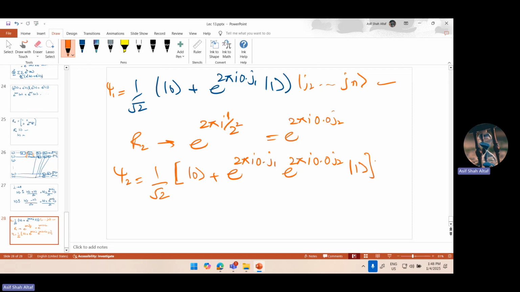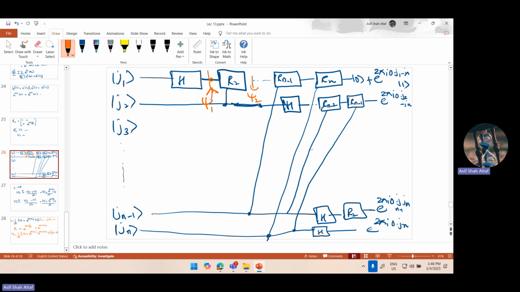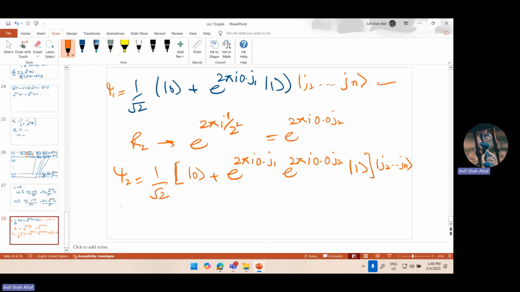Okay, and you will have the rest of the things as they are, jn, because you are not doing anything with j2 again here. So they will stay as they are. So what you will have as psi2 is 2 pi i 0.j1 j2.